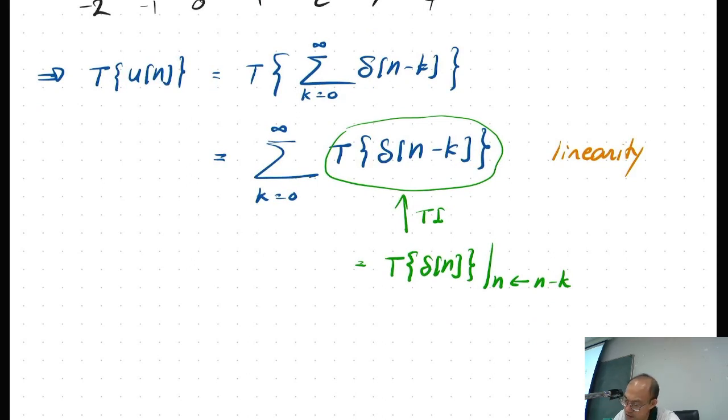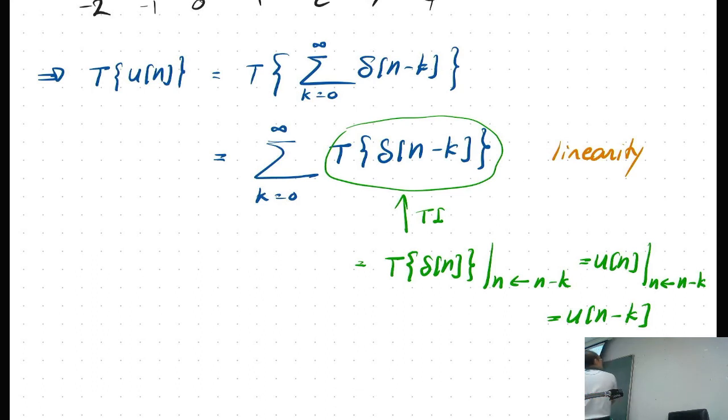And we know that T of delta is what is given in the question, it is u[n]. And then you replace n with n minus k, so this is equal to u[n minus k].